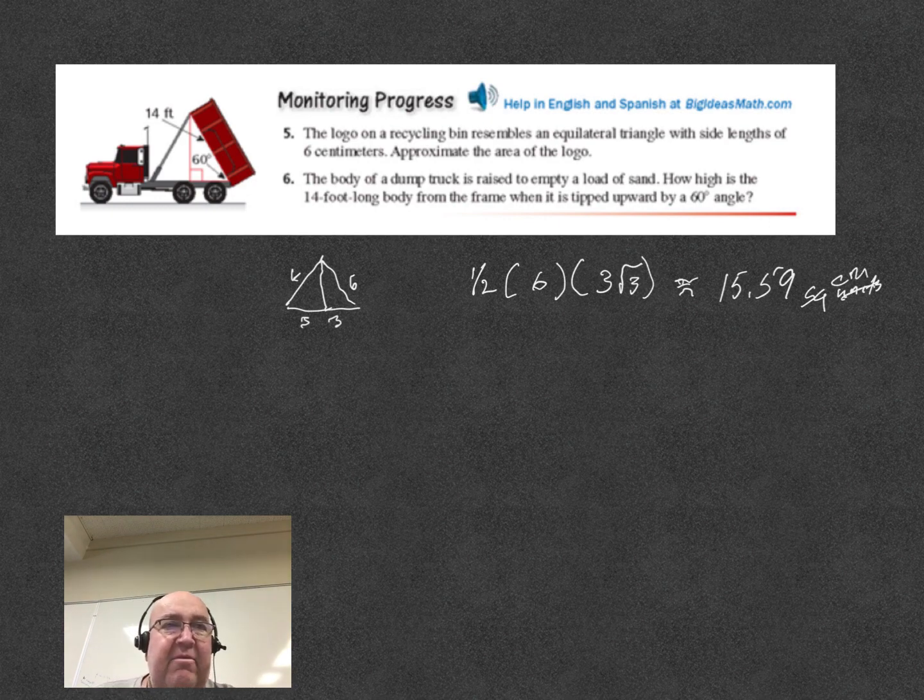And finally, we have the body of a dump truck that is raised to empty a load of sand. It's raised to a 60 degree angle. So we know that our hypotenuse is 14 feet.